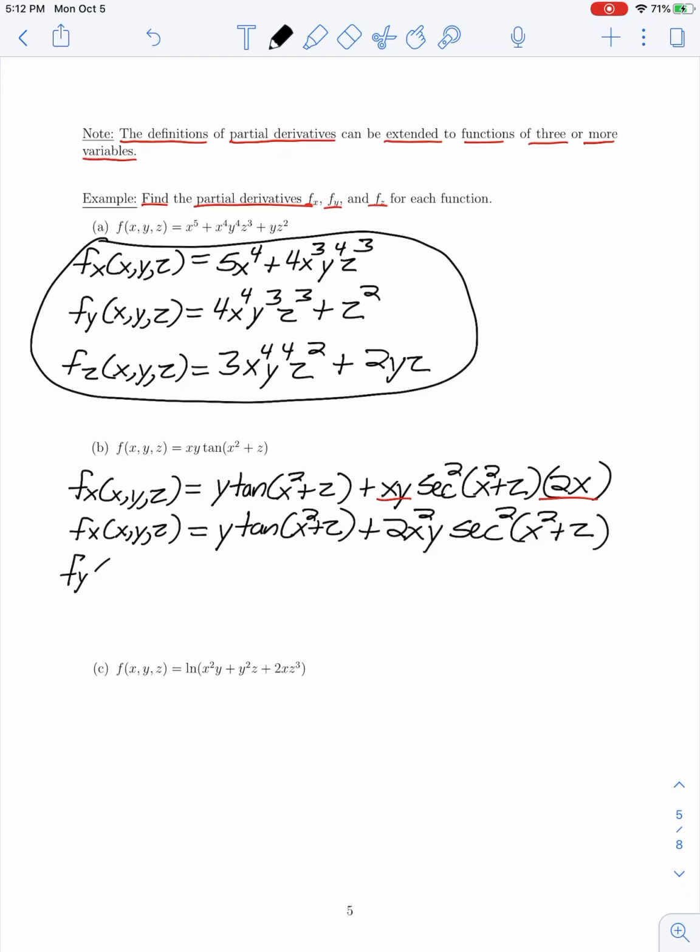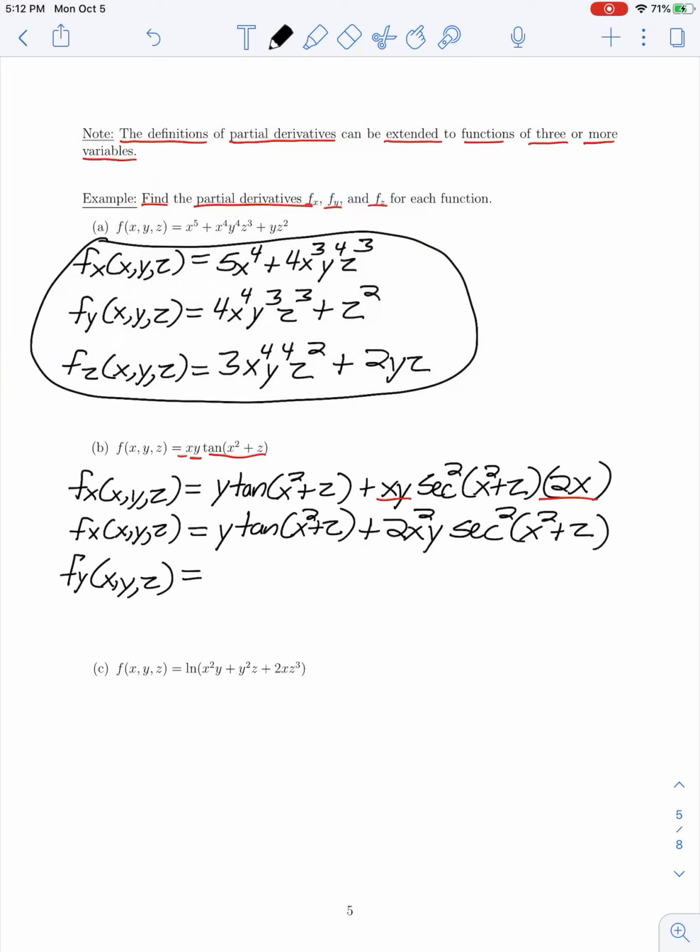Now for the partial derivative of f with respect to y, we're going to treat x and z as constants, and the only variable is y. So when I look at my function, the only place that y appears is this middle term, y to the first power. Everything else, namely x times tangent of x squared plus z, is a constant.